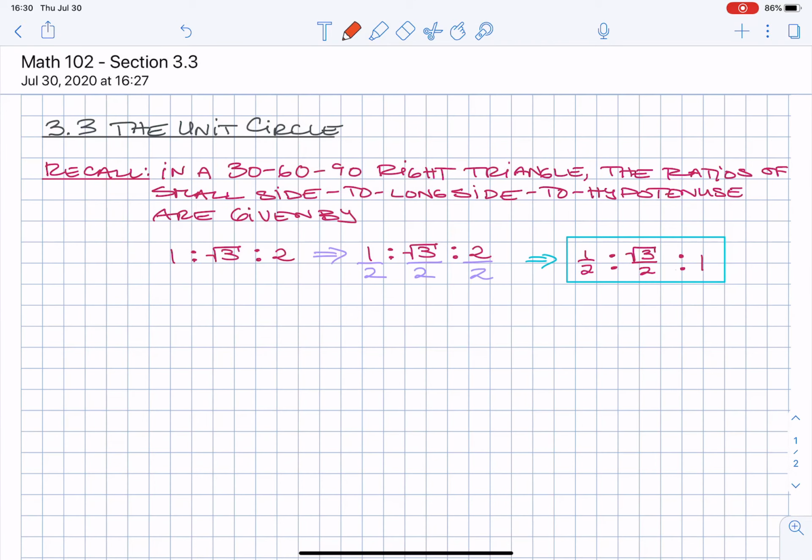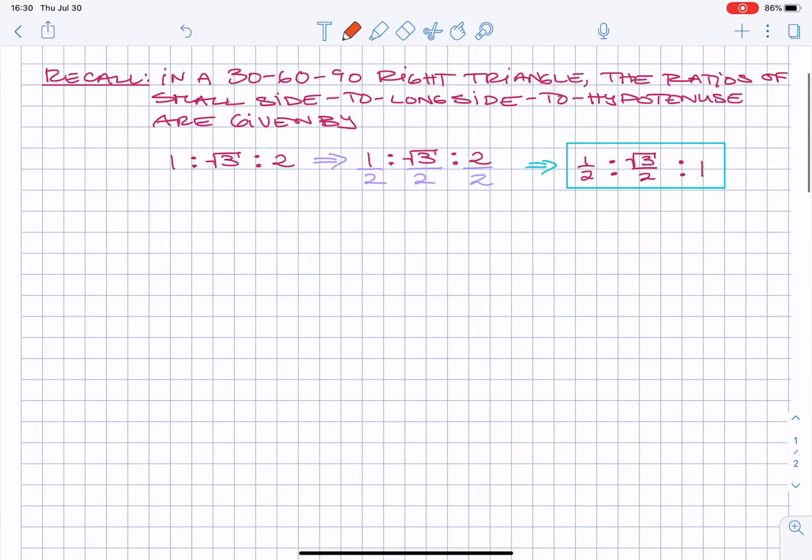Also, we had a 45, 45, 90 right triangle.